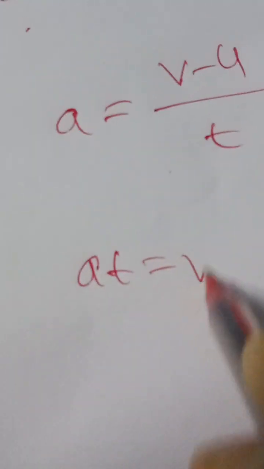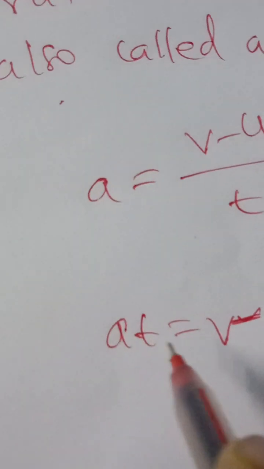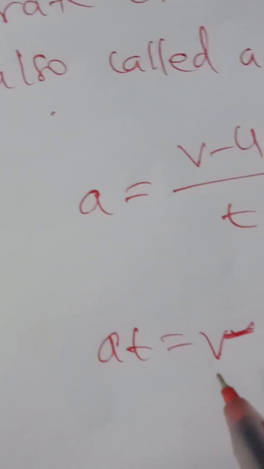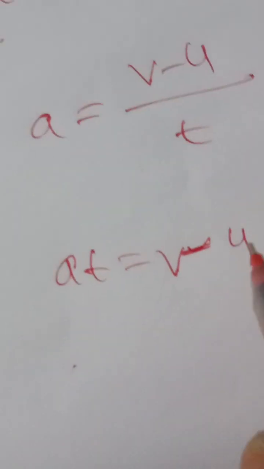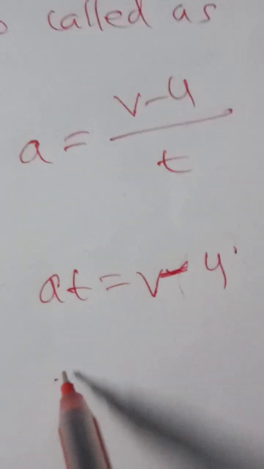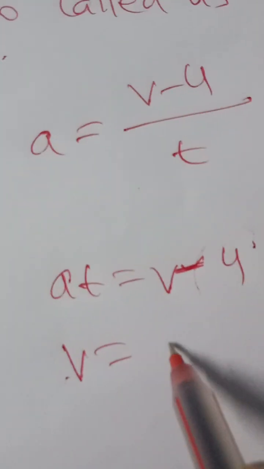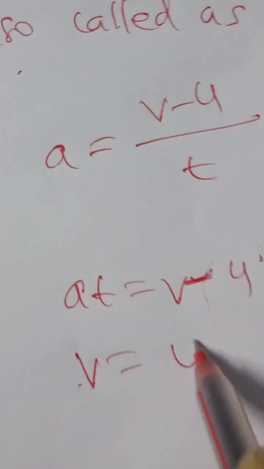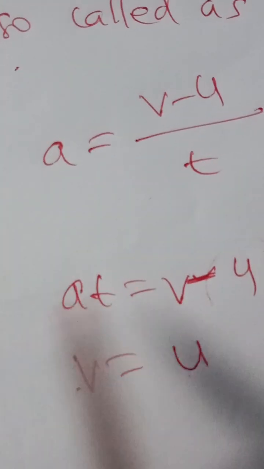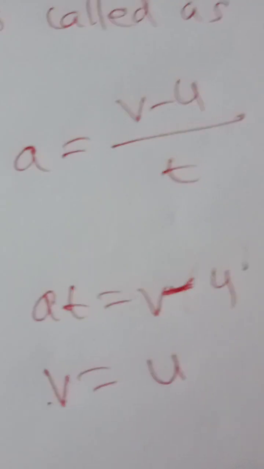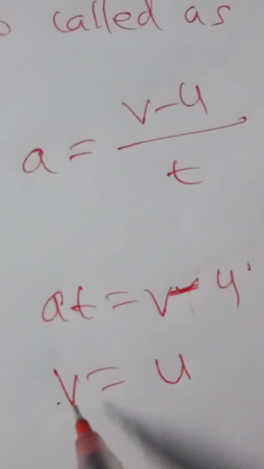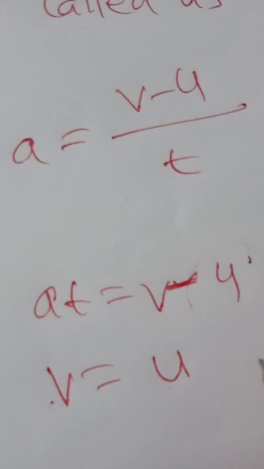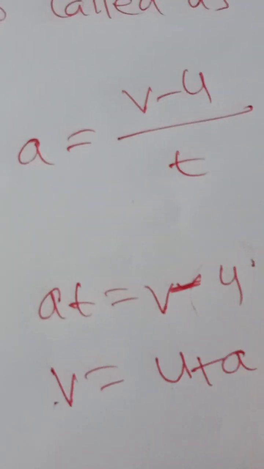Then cross multiply: at is equal to v minus u. Then transpose minus u from the right hand side to the left hand side. Then minus u becomes plus u, and we get an expression of the form v is equal to u plus at.